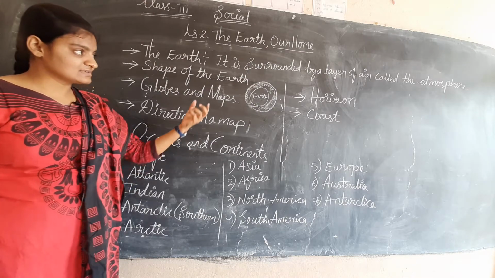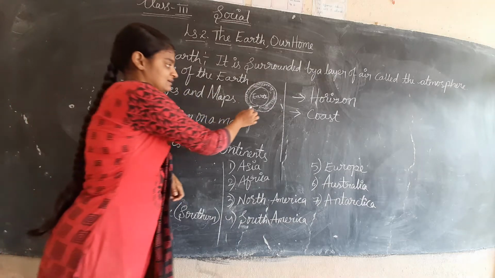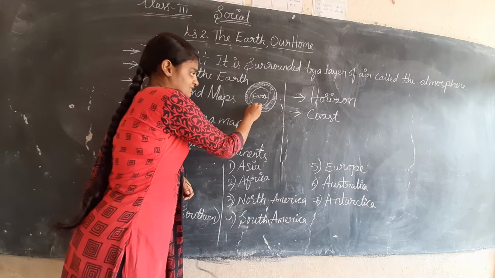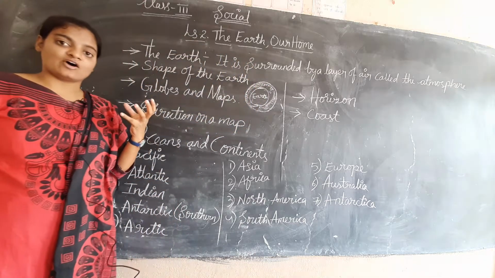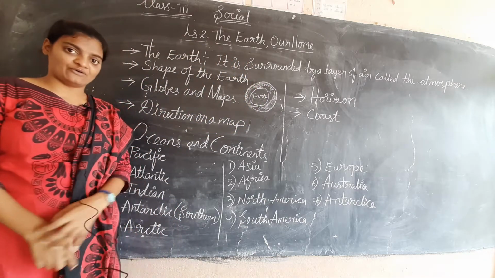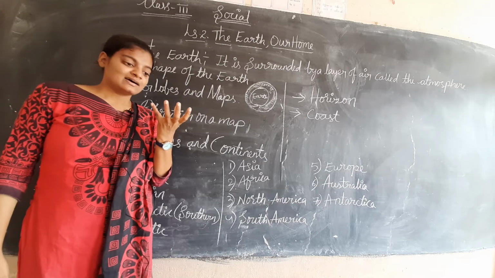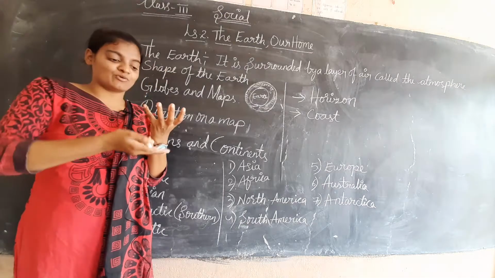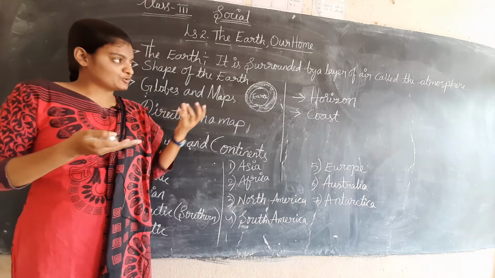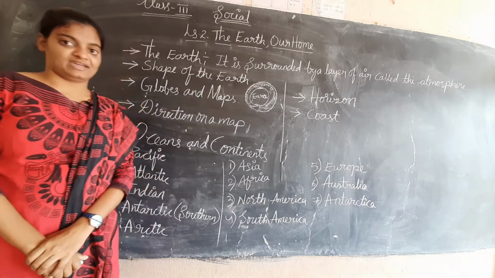And the edges of the earth are flat. It is just like an orange. You know the fruit orange, how it looks? It looks spherical in shape, but the surface, it means the top and bottom, is flat. The earth is also in the same way.